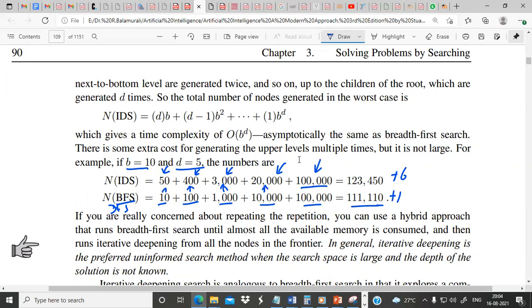These nodes will be accessed 5 times, 10 into 5, 50. And the root here will be accessed 6 times instead of 1 time, so it becomes 1 into 6, 6. When you add these things, this is what you get. So the difference is not so huge. It's a reasonable difference. That is what we are discussing with this.